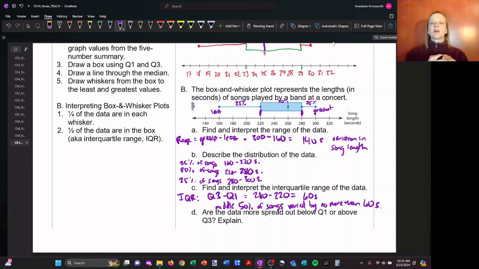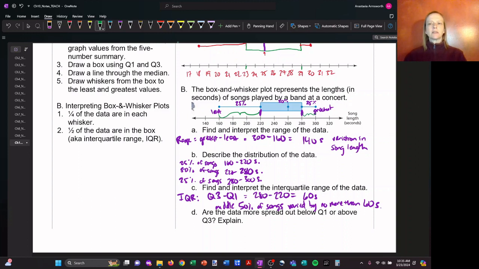The last question asks, are the data more spread out below Q1, below the first quartile, or above Q3? Basically, what we're looking at here is the length of the whiskers. So below Q1, look at how long that whisker is compared to above Q3. Look at how short that whisker is.